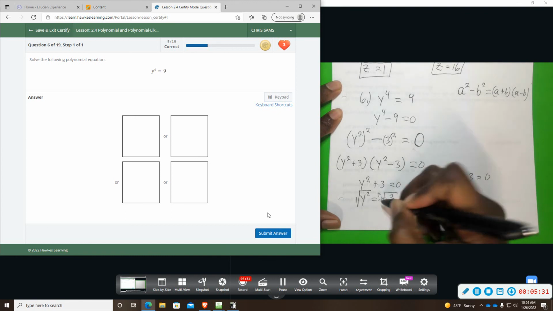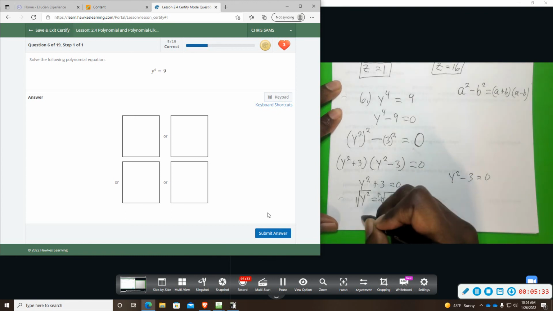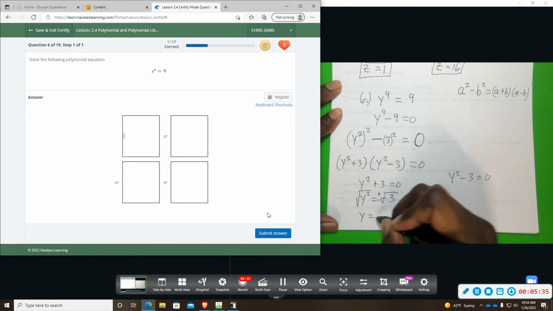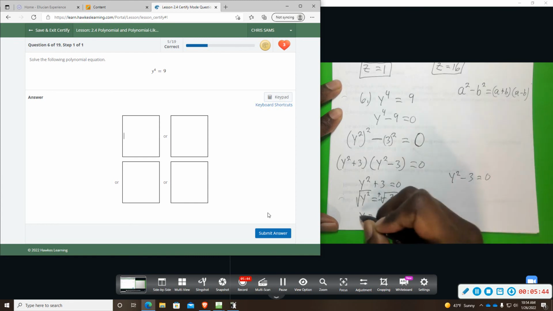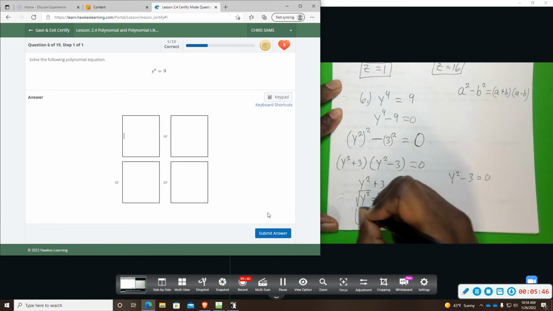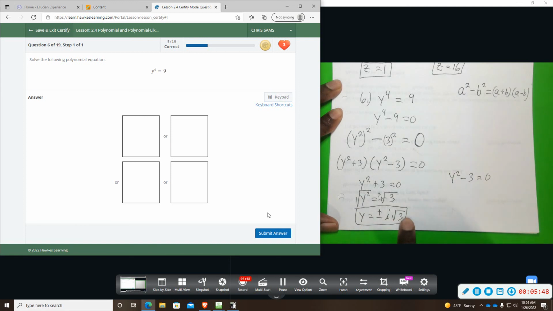Remember, plus or minus when you take the square root of a number. This will give us y equals positive or negative. Negative under the square root becomes an i, and 3 is not a perfect square, so we're going to leave it as square root of 3. So we got two answers: positive i square root of 3, negative i square root of 3, which is just imaginary. Add 3 on this one.